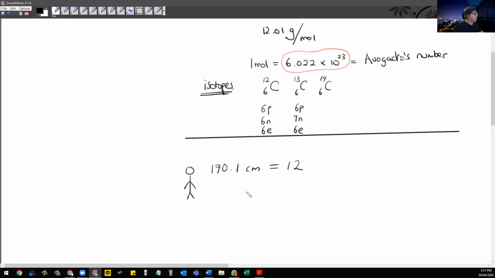It's a weird convention. And let's say someone else is 177 centimeters. Then what's going to be her height?